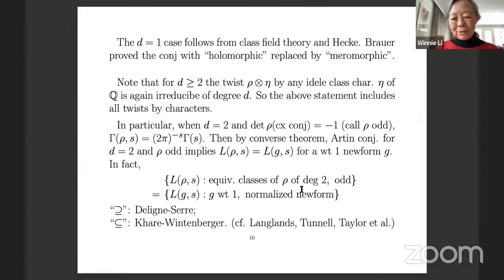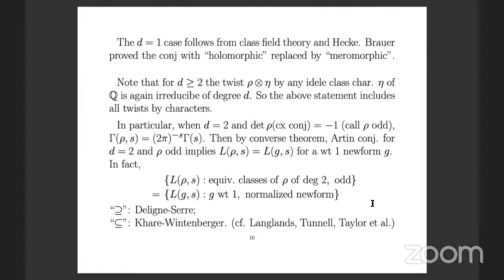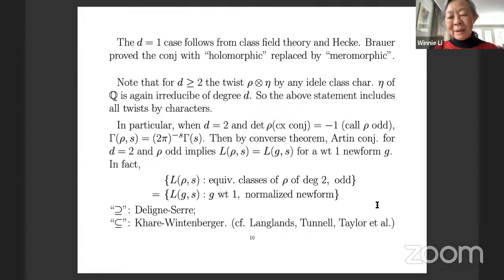The most difficult part is the representations of type A5, and Richard Taylor and his group worked a lot on this. Is the A5 case resolved? They established this for many cases, but they did not establish it completely.